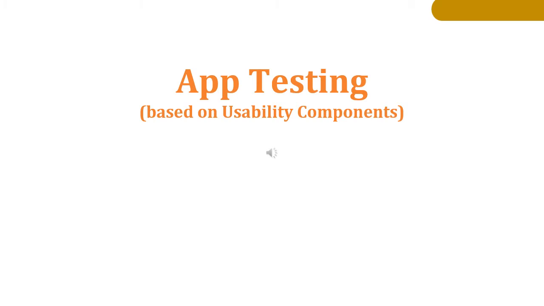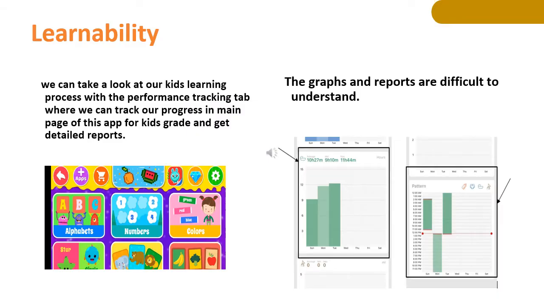App testing, based on usability components. First of all, the first component of usability is learnability. We can take a look at our kids' learning process with the performance tracking tab, where we can track our progress on the main page of this app for kids' grade and get detailed reports.